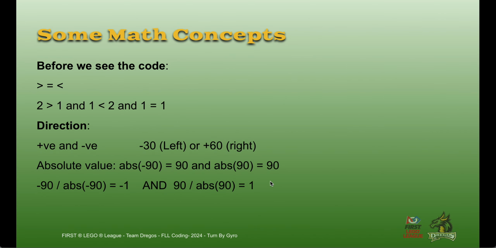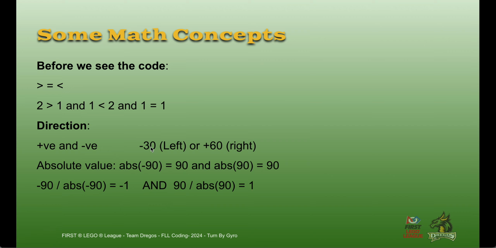Now, before we get started, there are some math concepts that we should probably know. Those are greater than, equals, and less than. Like 2 is greater than 1, and 1 is less than 2, and 1 equals 1. Next is the directions. We talk about left being negative terms and right being positive terms.